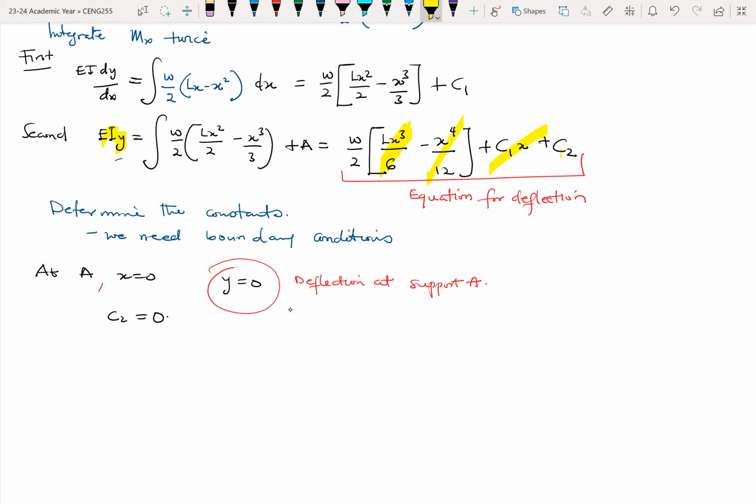This is also 0. So it makes C2 0. Okay. So it means that our equation then would reduce to EIY being equal to W over 2 times LX cube over 6 minus X4 over 12 plus C1X.